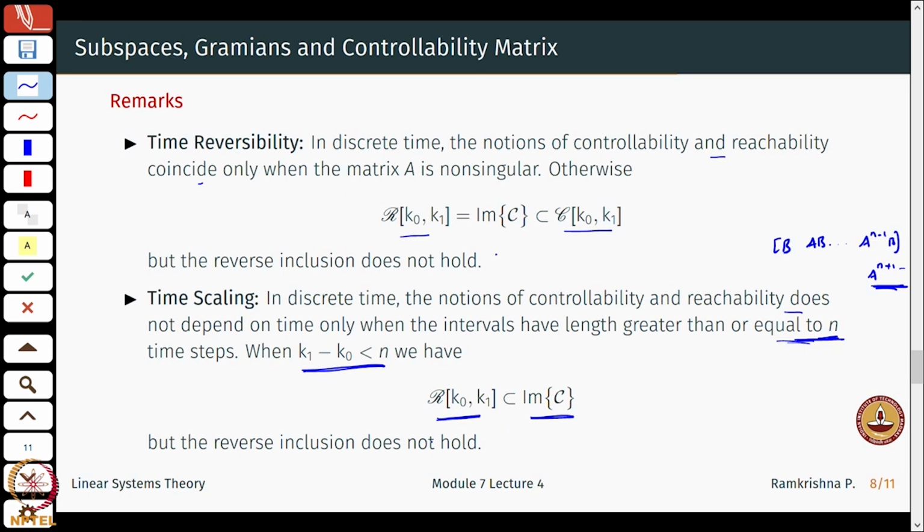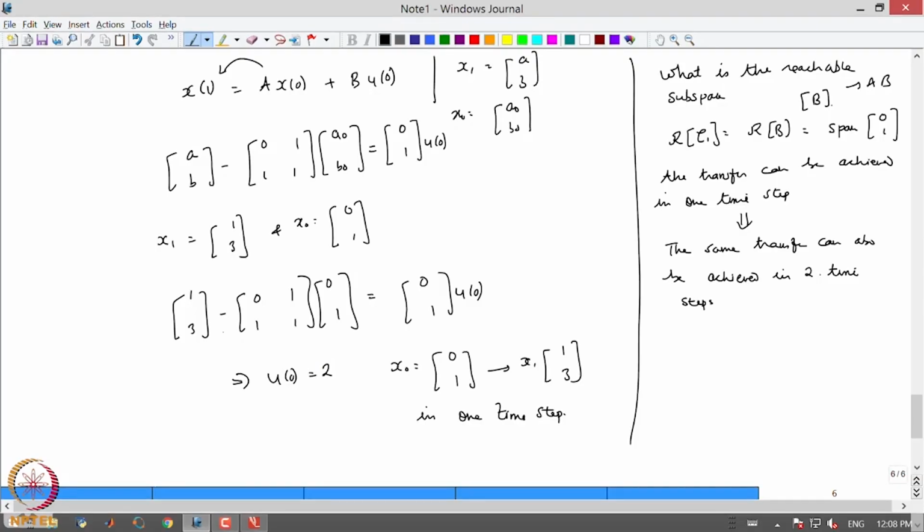Which means that there are some states which I can reach in less than n time steps. In this example, there are states, for example, from [0; 1] to [0; 3], which I can actually reach in one time step. I do not exactly need two time steps. So, there is some reachable subspace, and how do we look at R, the reachable subspace?